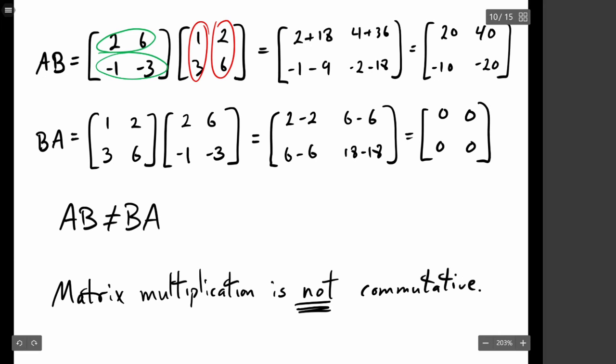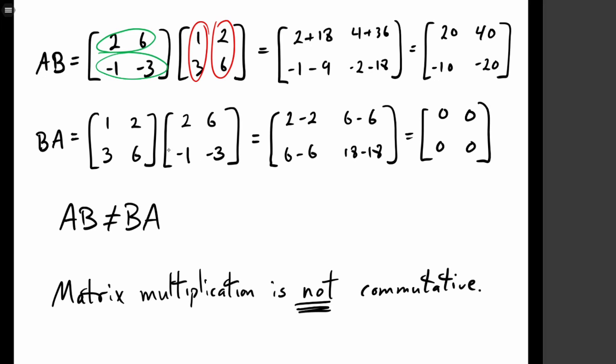Right? In fact, it's like very not commutative. If we switch the order that we multiply things in, we get two drastically different answers. So that's an important property of this matrix algebra, is matrix multiplication is not at all commutative. And here, there's actually even another wrinkle to this story.